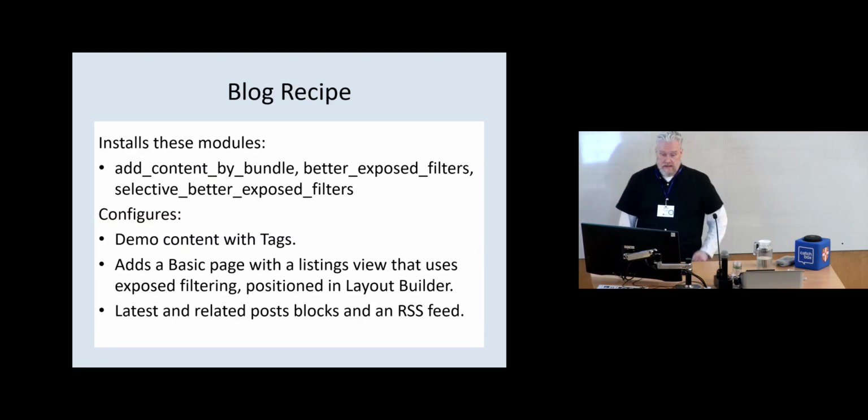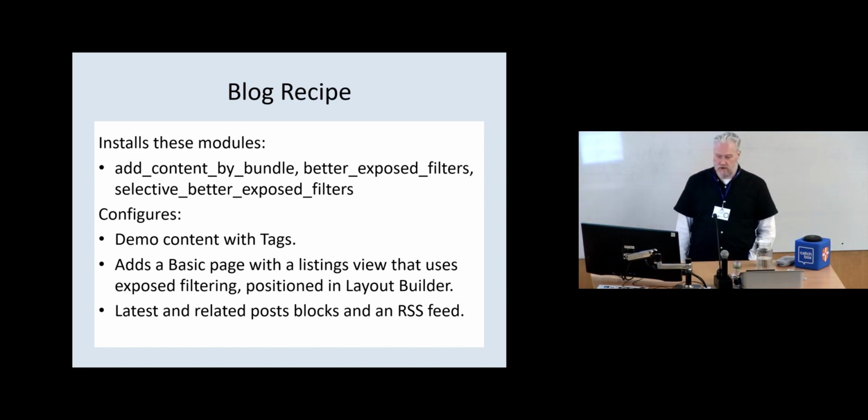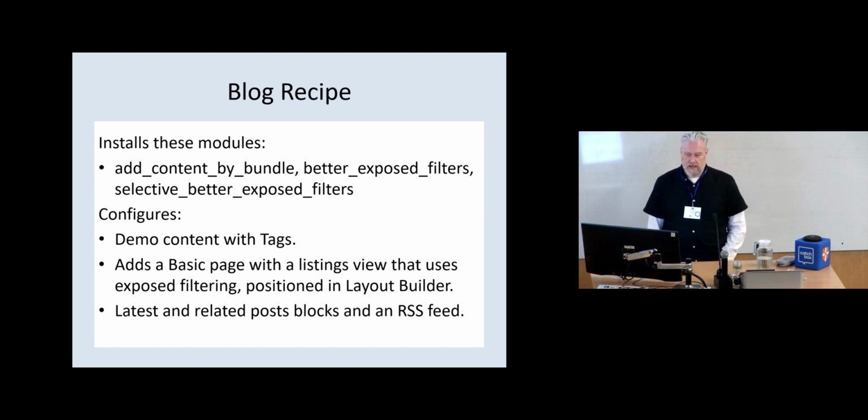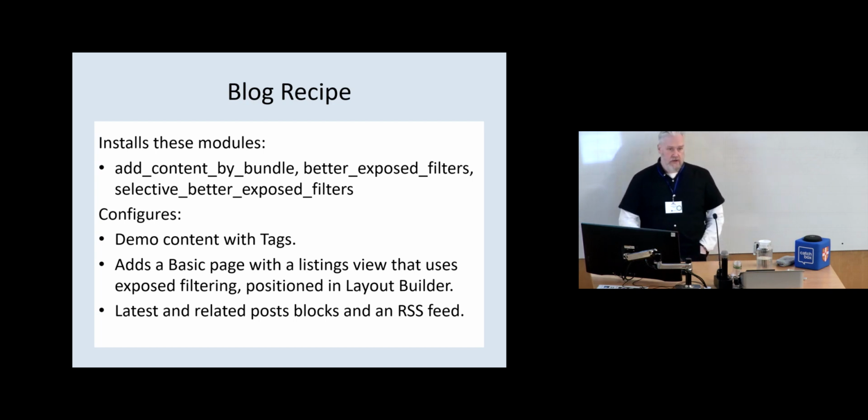So, blog recipe. This is going to get a bit repetitive because they're all kind of based on each other, and they're also based on the core one as well. But the add content by bundle means you get a nice picture. Whenever you're in your node editing thing, you can add a blog, and there's a button there for add blog.